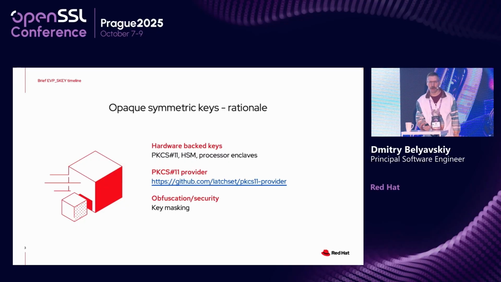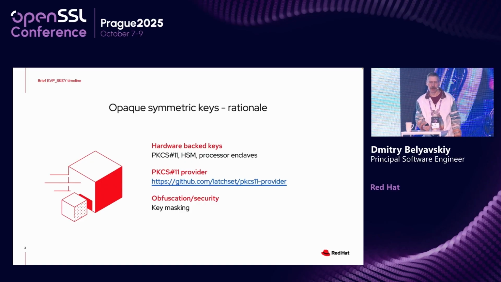First, there is a lot of support for hardware-backed keys that can't be reasonably represented as a raw bytes array, which is a common way of representing symmetric keys for OpenSSL and for many other crypto libraries.